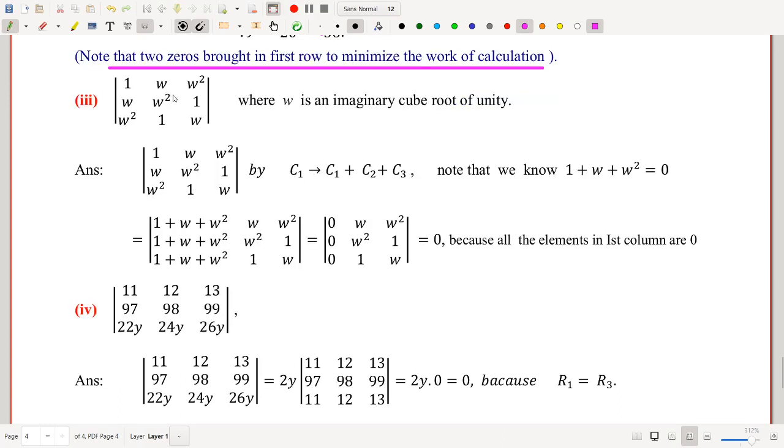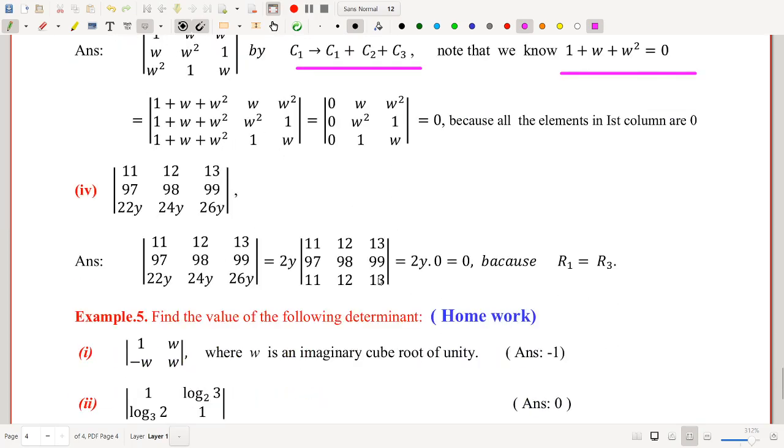So we can expand this and find the value, but we see that if we add the second column and third column to the first column, that is C1 changed to C1 plus C2 plus C3, then every element in the first column becomes 1 plus omega plus omega square, and we know this equals 0. So 3 elements are 0 in the same column, therefore the value of the determinant is 0 by a property. So very easily we have found the value.